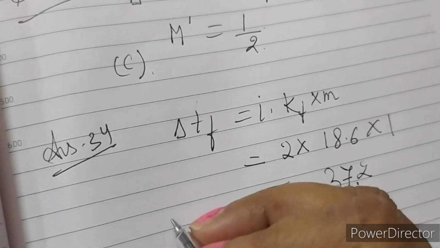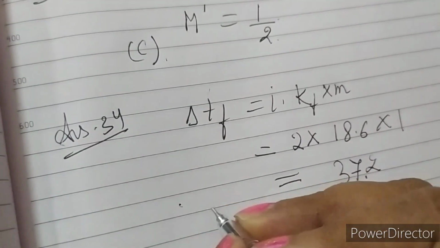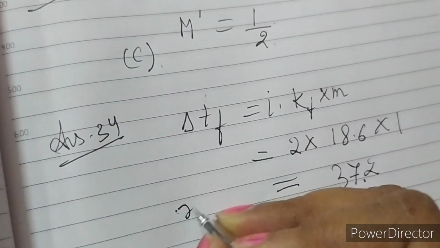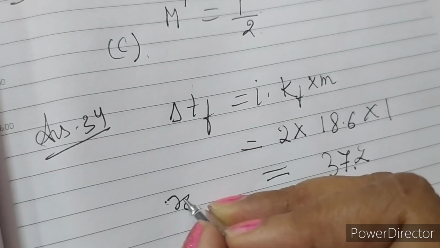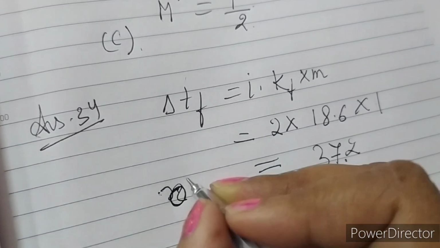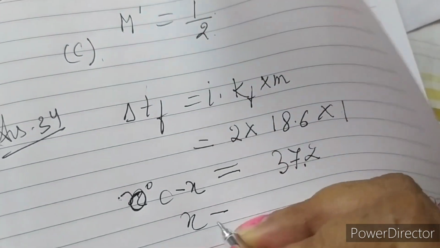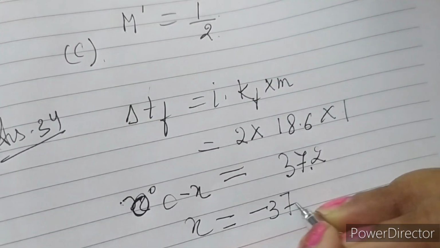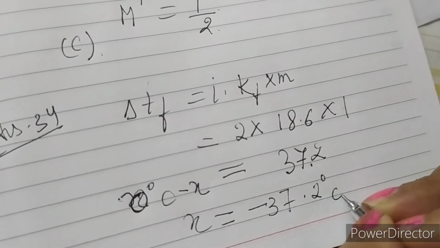Now let's assume here the freezing point is 0 degrees Celsius. So 0 degree Celsius minus x. So here x will be equal to minus 37.2 degrees Celsius.